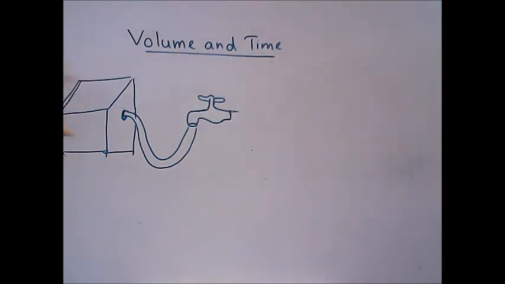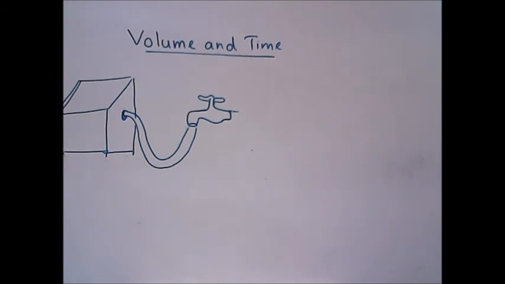Using those measurements, we can find the volume of water that flows out during each second. Then we call that the rate of volume.